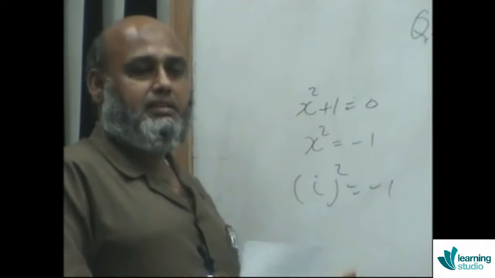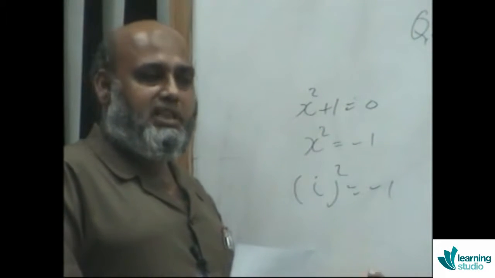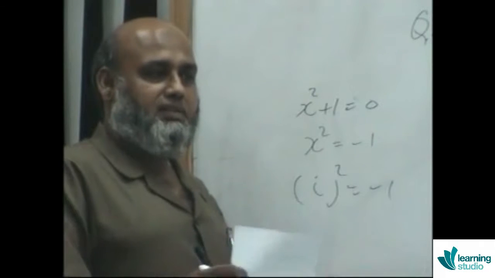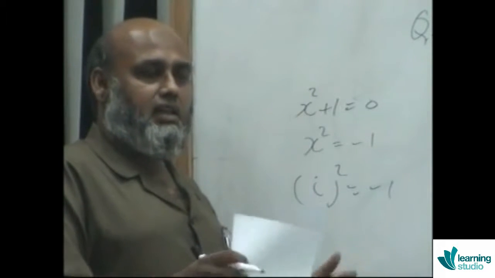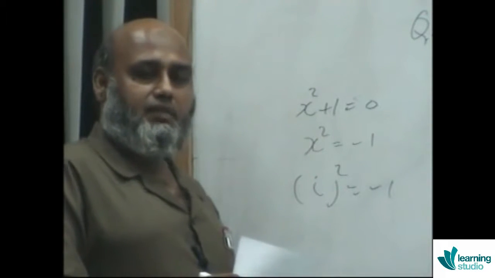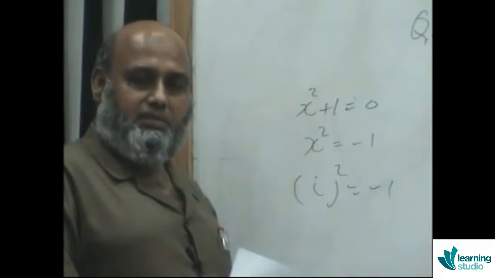associate many other things. For example, limits of a number, limits of a certain function. Function is now a function of a complex variable rather than a real variable.